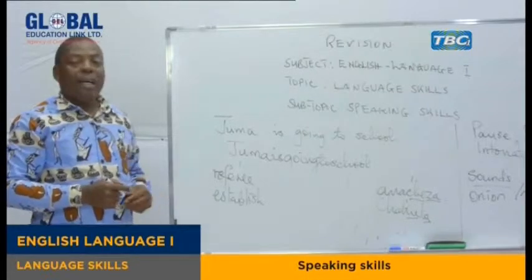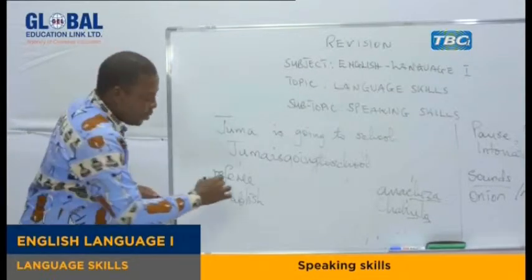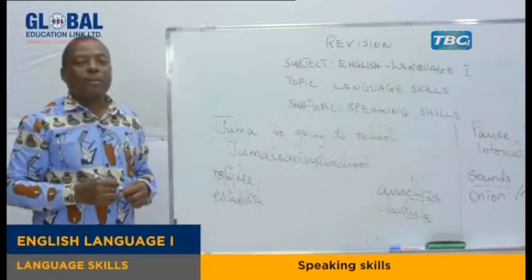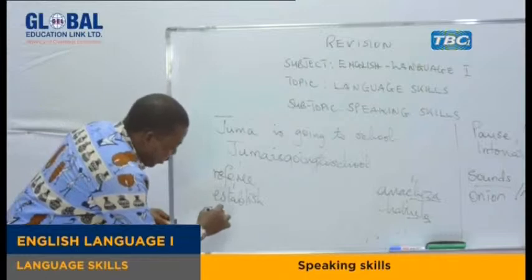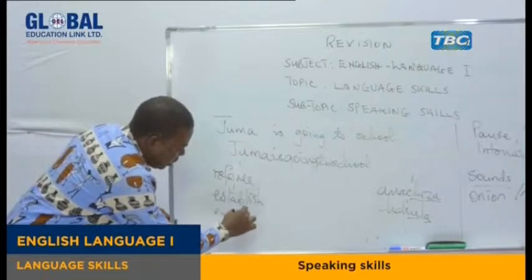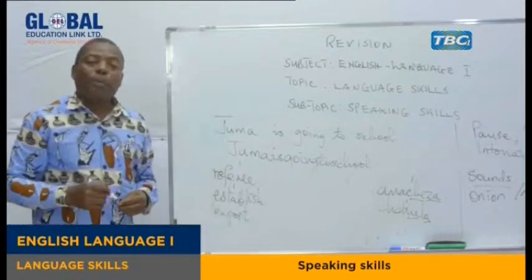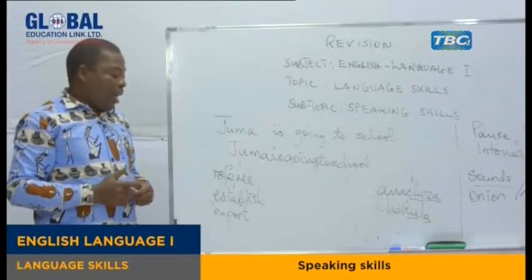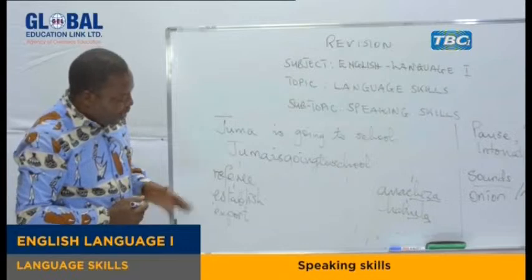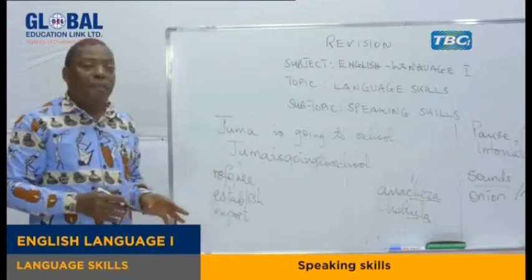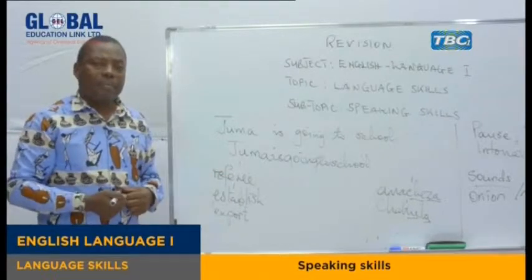The word reads establish. So you put a stress on the second syllable. A word like this, for instance, becomes export. So you can see the stress positioning differs from one word to another.